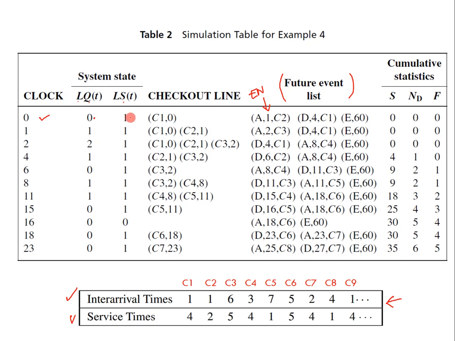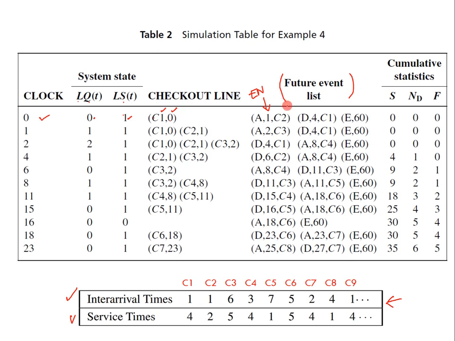So there will be one customer in the server, being served. So the checkout line at this point only has customer 1, who arrived at time 0.